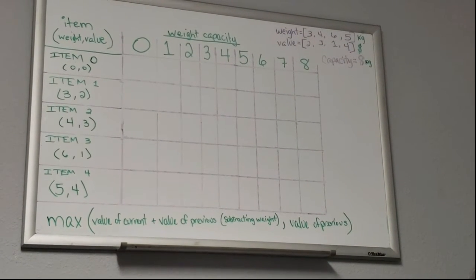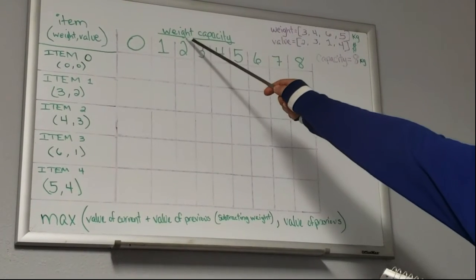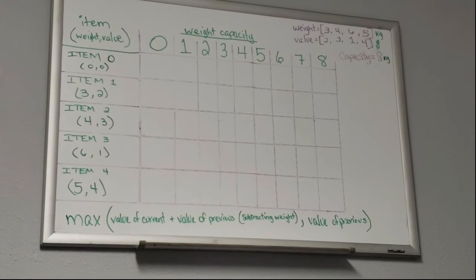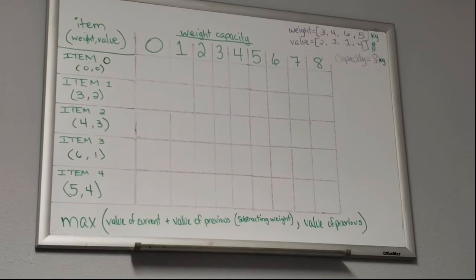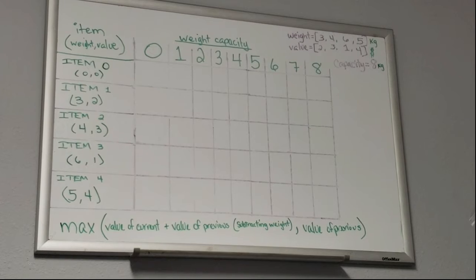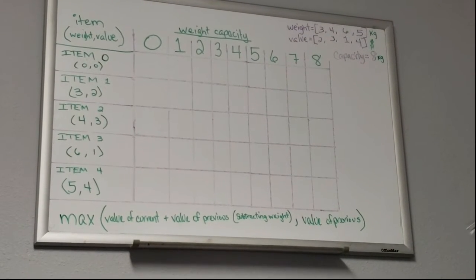So let's see what this table is made out of. Let's start with the columns first. The columns are our weight capacity constraints. We start from 0 and end with our maximum weight capacity constraint of 8. We break up the capacity because we will be using subproblem solutions to calculate the global problem solution.